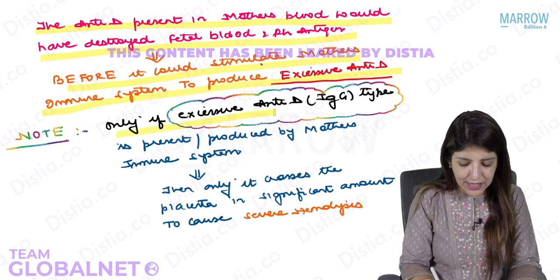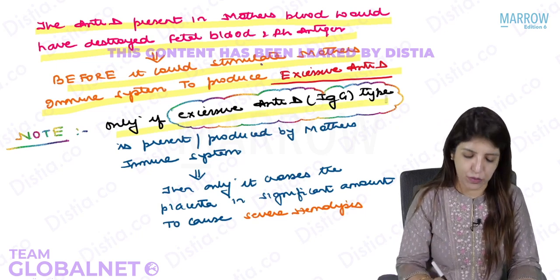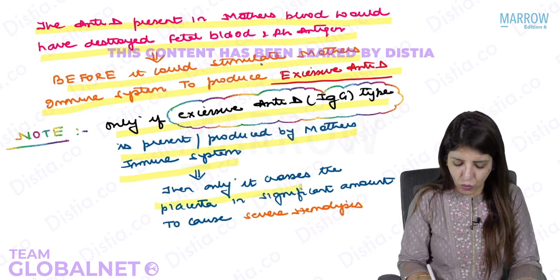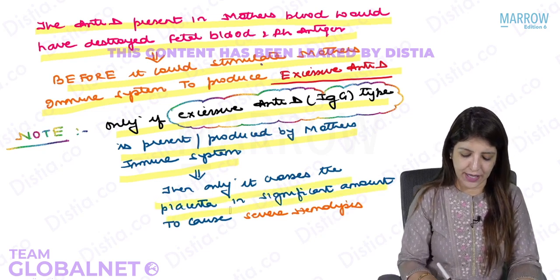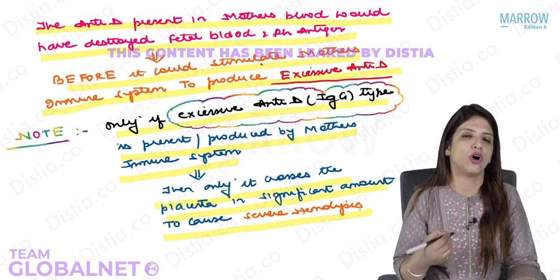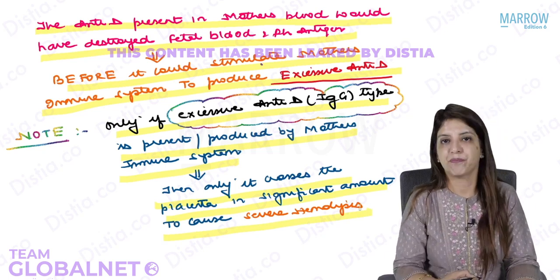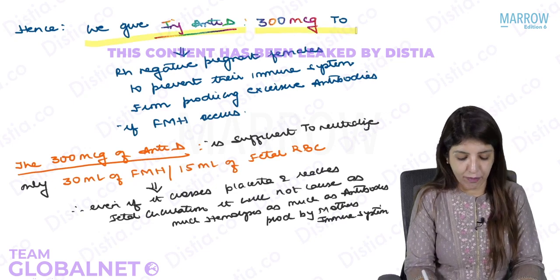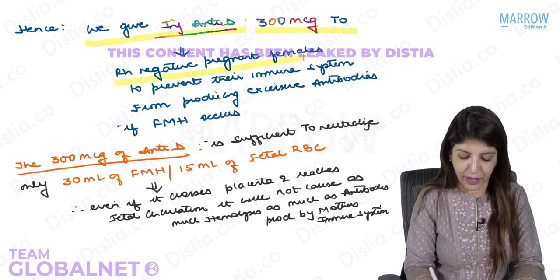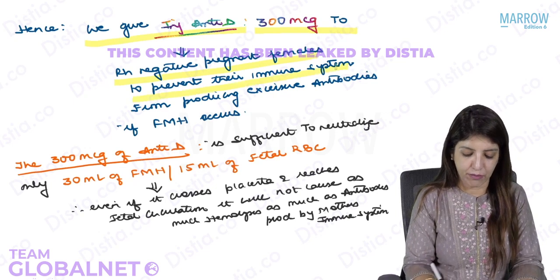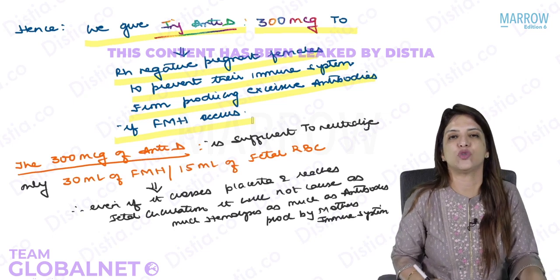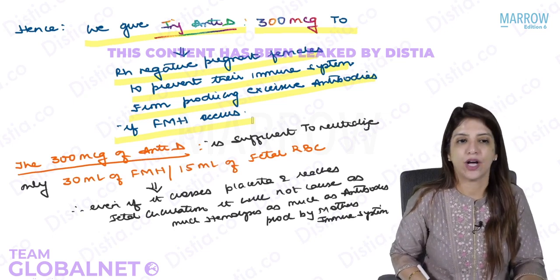Only if excessive anti-D IgG type is produced by the mother's immune system does it cross the placenta in significant amount to cause severe hemolysis. Hence, we give injection anti-D, which is 300 micrograms, to Rh negative pregnant females to prevent their immune system from producing excessive antibodies if feto-maternal hemorrhage occurs.